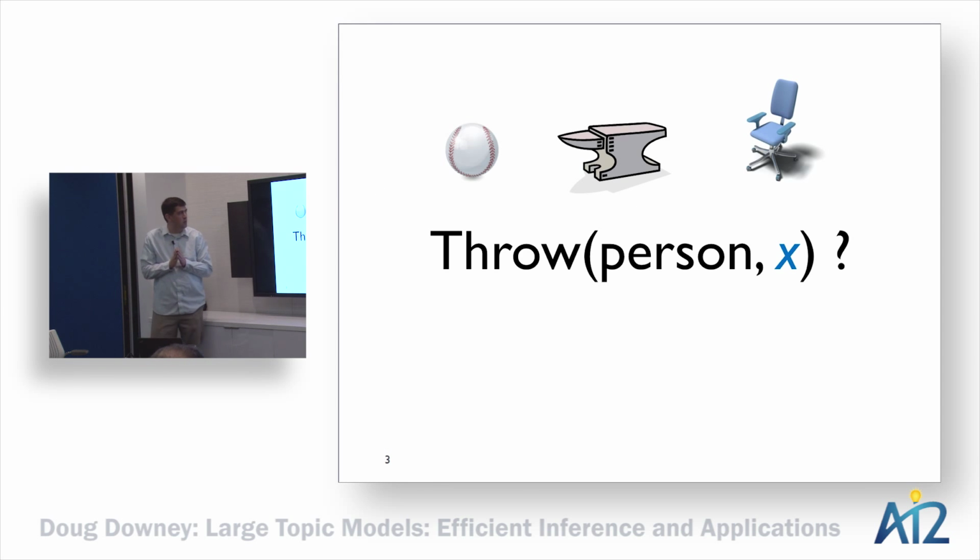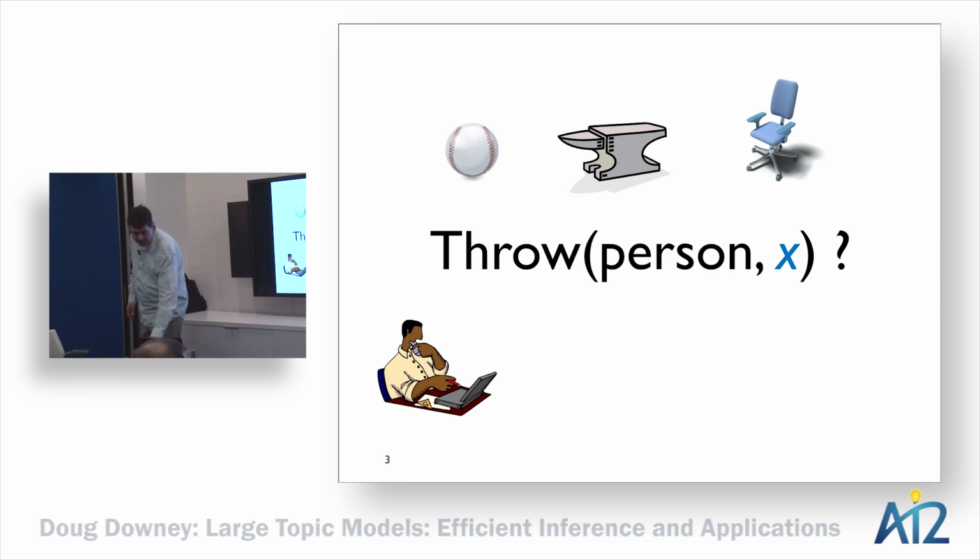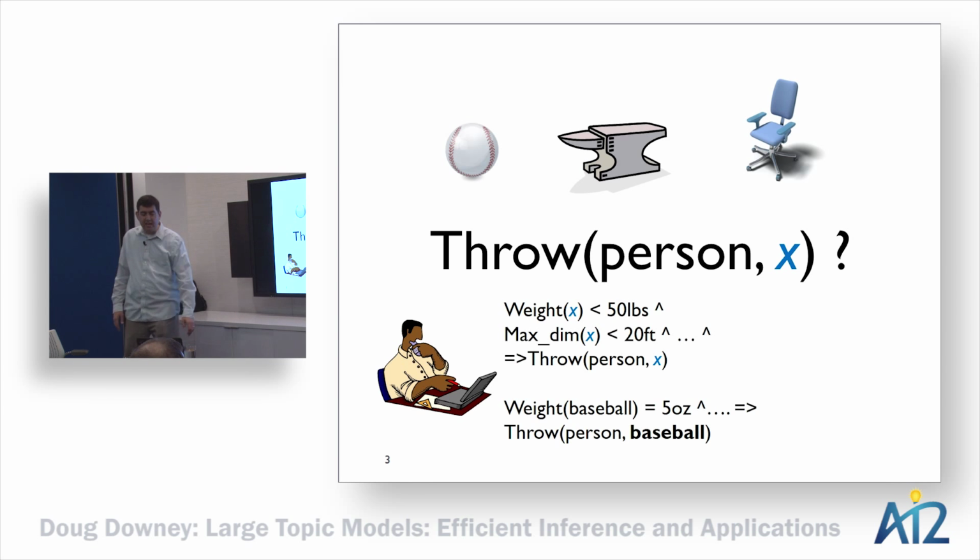One way we could imagine formalizing this task is that we have a relation throw, and we want to know, what are some things X that a person can throw? The classic AI approach to solving this problem is we might write down some Horn clauses that say, well, if a person's going to throw something, it can't be that heavy, and it can't be like 30 pounds of atmosphere.